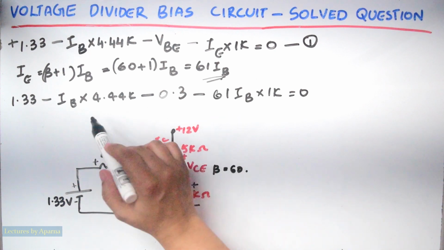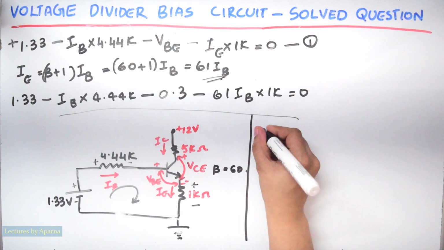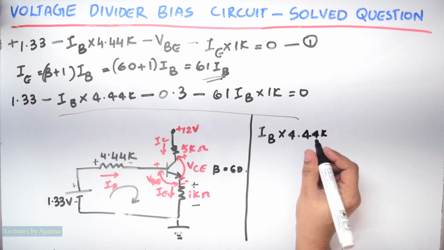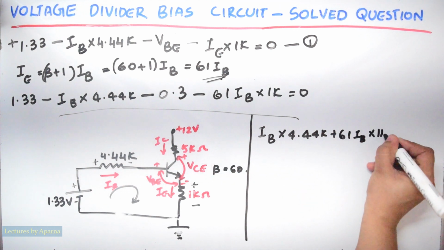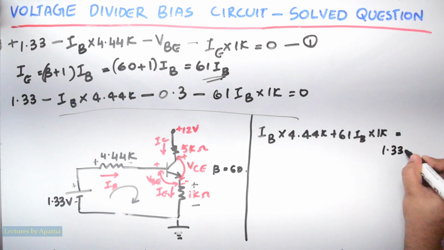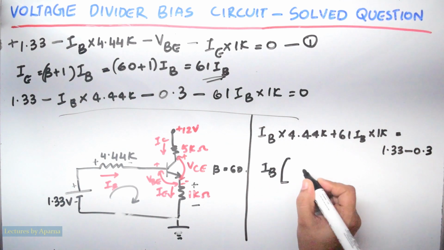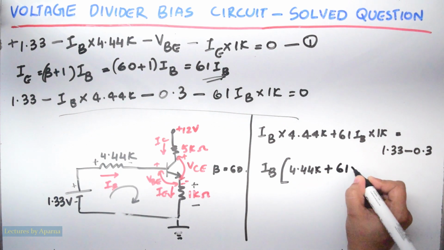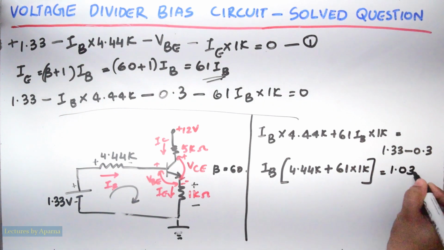Now take all terms with IB on one side of the equation. We can write IB into 4.44K plus 61 IB into 1K is equal to 1.33 minus 0.3. Therefore, IB into 4.44K plus 61 into 1K is equal to 1.03.